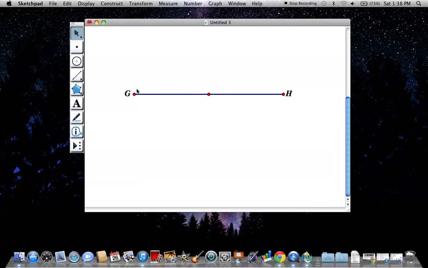I can go ahead and do this. If this middle point is the midpoint, then the distance from G to the midpoint is going to be the same distance as from the midpoint to H. So therefore they're congruent. They have the same distance, the same length. Let me name this point real quick.